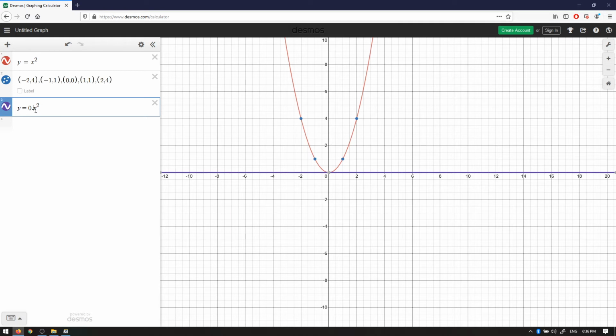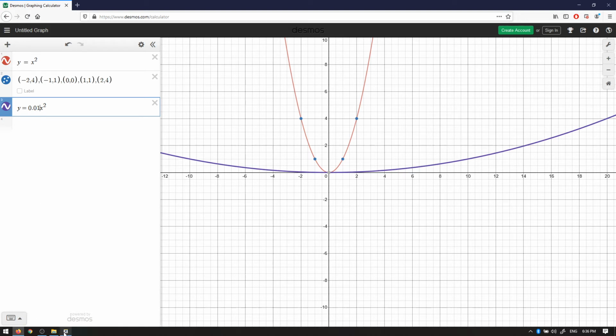I could have done 0.8, and the blue is still below the red. I could have done 0.2, and the blue is still below the red. 0.1. I could have done something as dramatic as 0.01, and the blue is very much compressed. You see, so long as the decimal is less than 1, you get a compression.